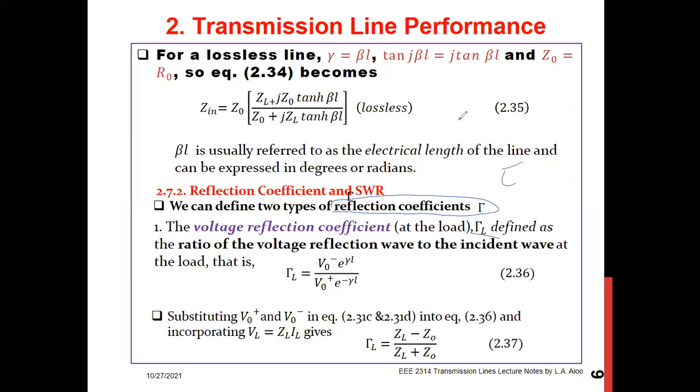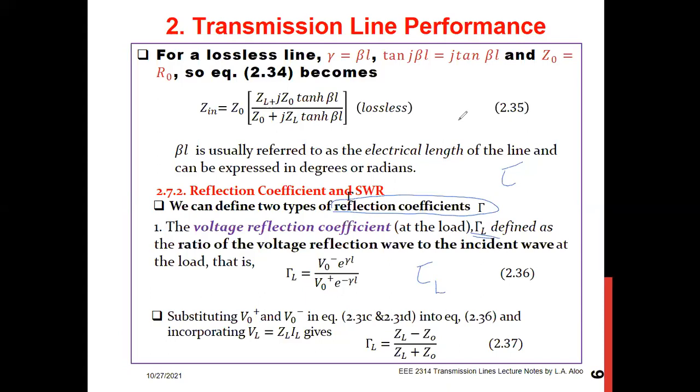When it is defined at the load, we usually add a subscript L, so we talk of tau L. The voltage reflection coefficient at the load is defined as the ratio of the reflected voltage wave to the incident voltage wave.